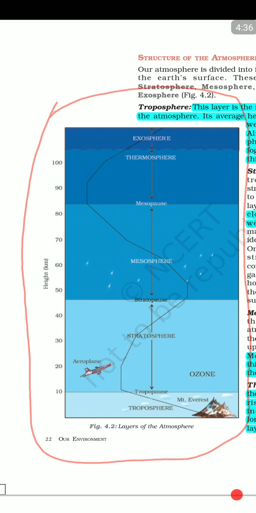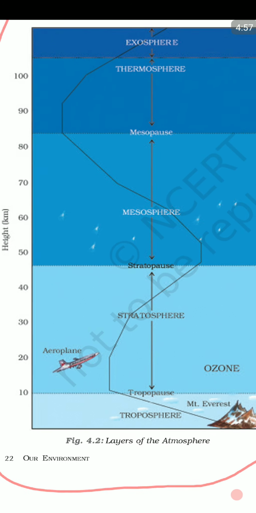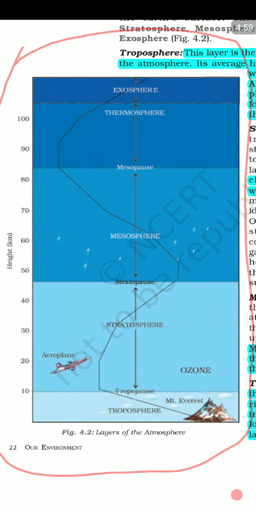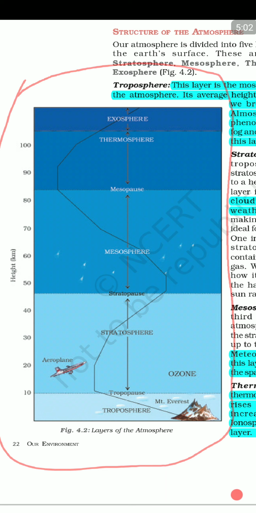And then again it increases, owing to the ozone layer which absorbs the sunlight and doesn't let the UV pass. For a while, in the tropopause up to 20 kilometers or so, the temperature is constant, but after that the temperature increases.